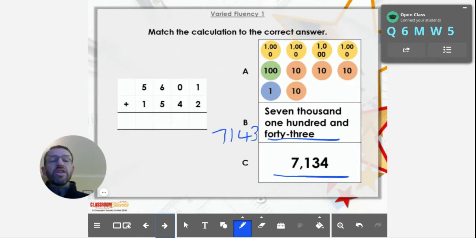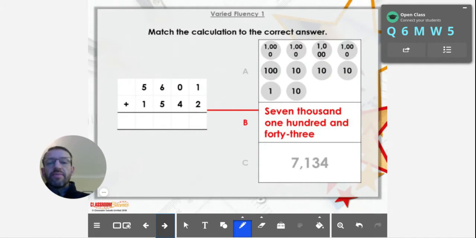A is a little bit harder to interpret, but if I look at these, the golden ones there are thousands, and I've got hundreds, and I've got tens. This is actually 4,000, 100 and 10, 20, 30, 40, 4,141. Then I simply work out the calculation and see which one it matches.